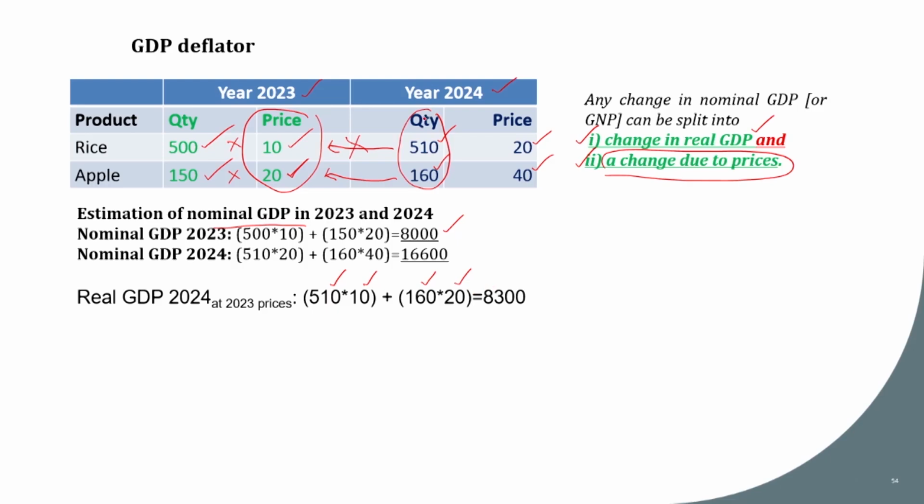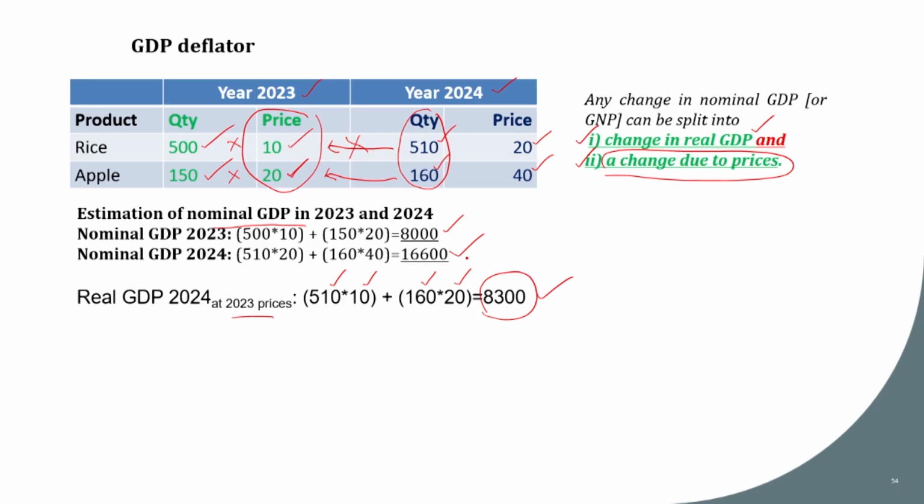So we use the quantity of 2024 but the price of 2023. When we calculate this, the real GDP in 2024 at 2023 prices is going to be 8,300. But what nominal GDP did we get?